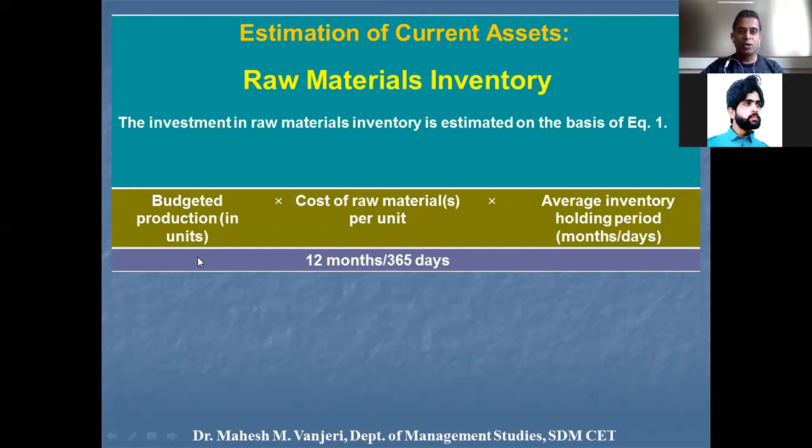So budgeted production in units, the number of units that are going to be manufactured in a year, multiplied by cost of raw materials per unit, multiplied by average inventory holding period in weeks, months, or days. It is given in any way. If there is no information given, you need to consider 12 months in a year, or 365 days in a year, or 52 weeks in a year.